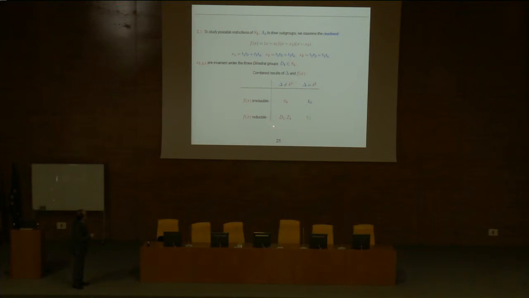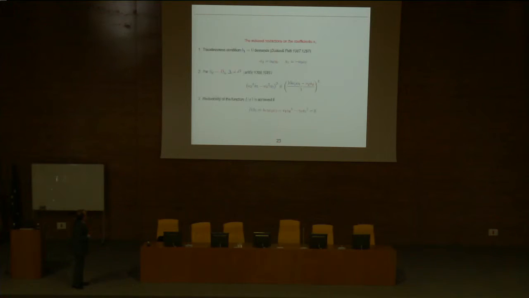So we will focus here, as I said, on this case, in the corner, which means we will imply this chain down by accepting that the discriminant is not a square of something, and that the function f(x), which is the resolvent, is reducible. And what are the conditions that we get under these constraints?